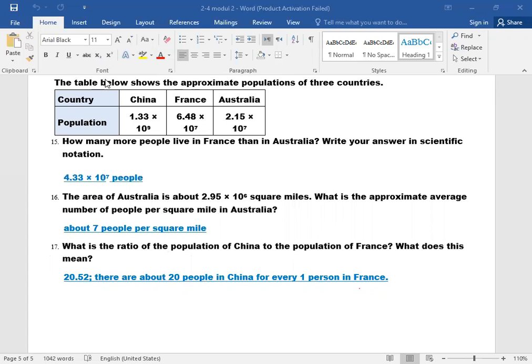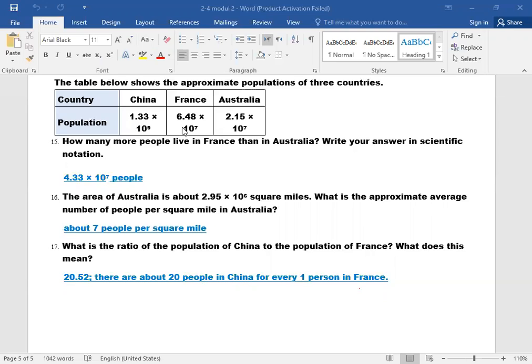Where is China? It's 1.33 times 10 to the power of 9. And where is France? It's 6.48 times 10 to the power of 7. You know that the ratio is a type of division. So we will start with China, which was 1.33.